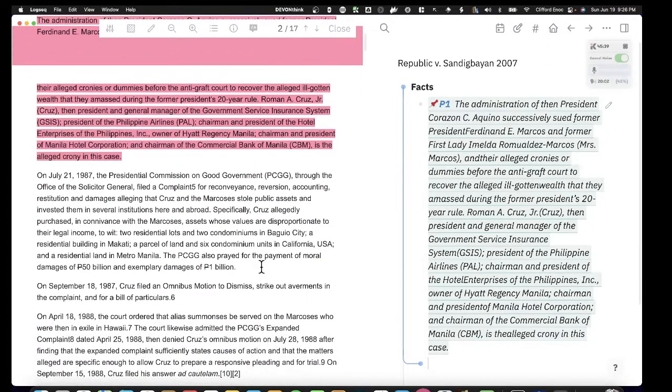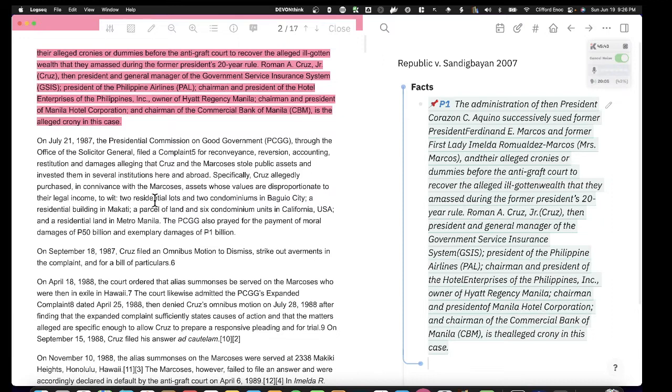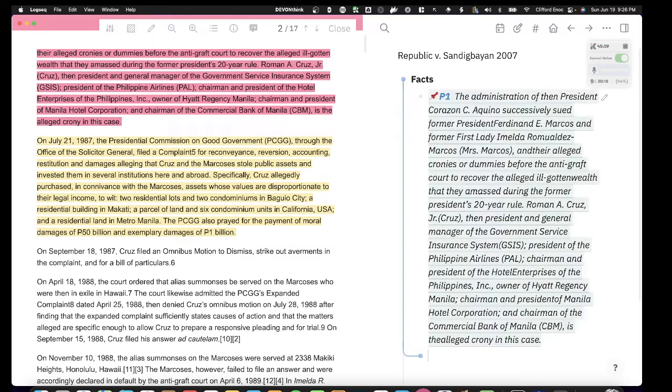And then on July 21, 1987, the PCGG through the Office of the Solicitor General filed a complaint for reconveyance. Okay, so ito na yung complaint. Going to do again: color, highlight, and copy the reference.